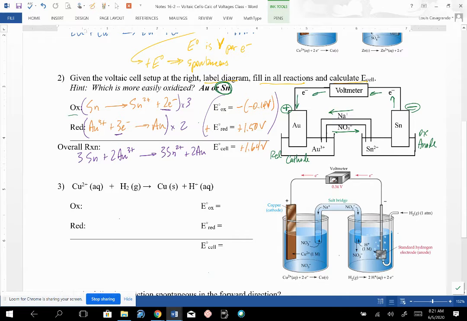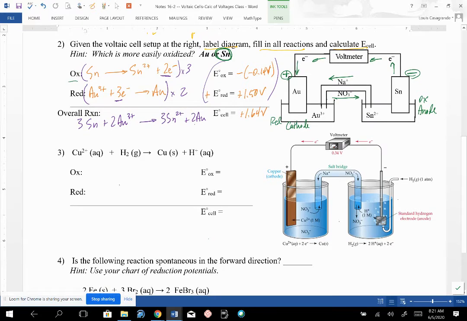In our next table, we've got some more stuff I'm showing here as well. So we have copper 2 plus being reduced versus hydrogen gas being oxidized to hydrogen ion. This cell on the right is called the standard hydrogen electrode, the SHE.